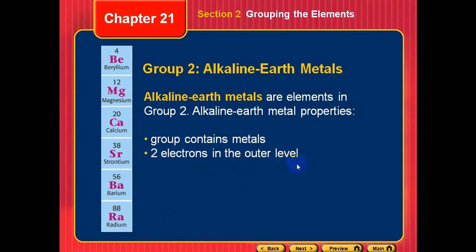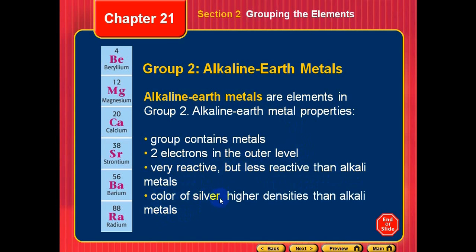So which one is easier, to lose 1 electron or to lose 2 electrons? The answer is, of course, to lose 1 electron. And that's why alkaline earth metals are very reactive but less reactive than alkali metals. Color of silver, they have higher densities than alkali metals.